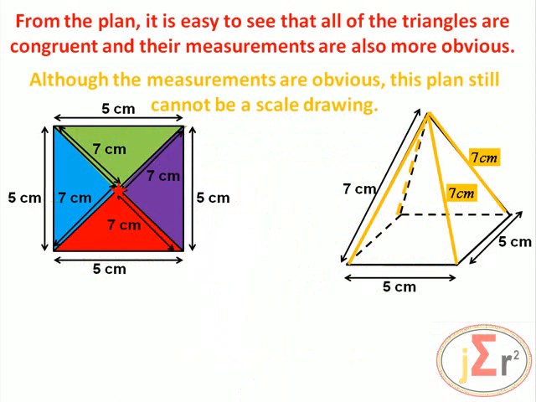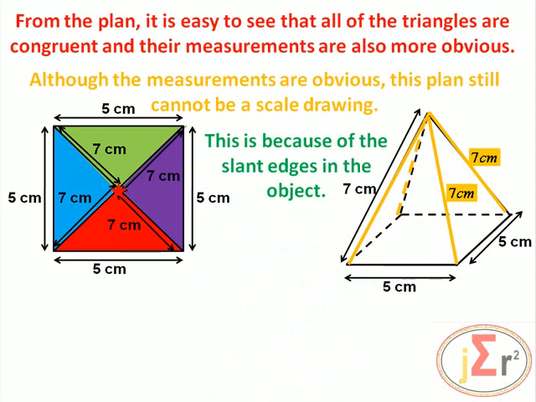Although the measurements are obvious, this plan still cannot be a scale drawing. It is not a scale drawing, but it causes the measurements in each triangle to be more obvious.